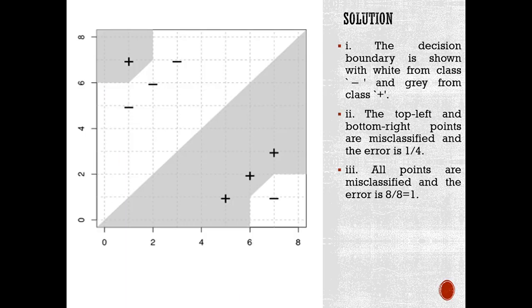The solution here is the decision boundary. Look at the sketch now. The gray side is for the positive, and the white is for the negative. We can see the boundary. Anywhere we see negative is the white region, while the gray is the positive.